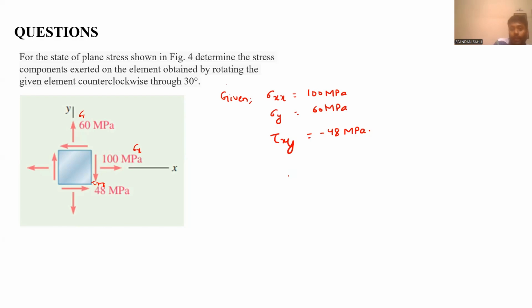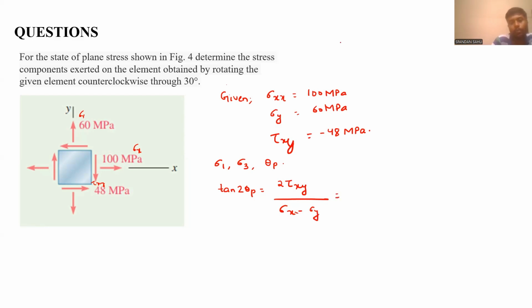Now we can find sigma 1, sigma 3, and the location of principal points. Let us first calculate tan 2 theta, which equals 2 tau xy upon sigma x minus sigma y.